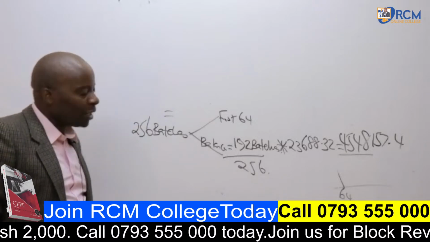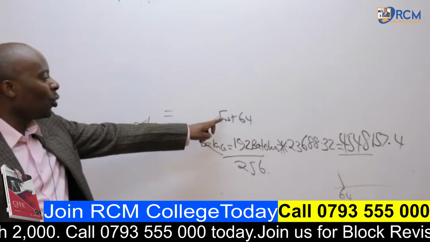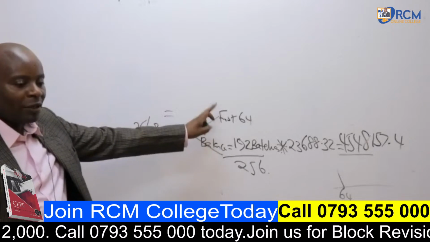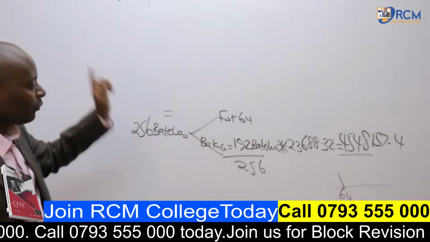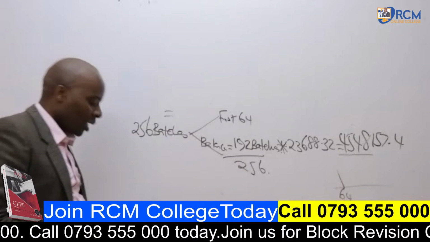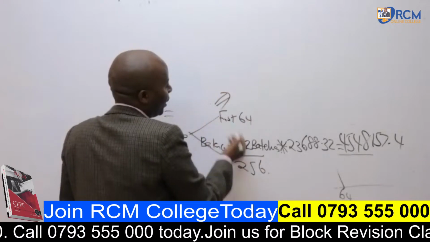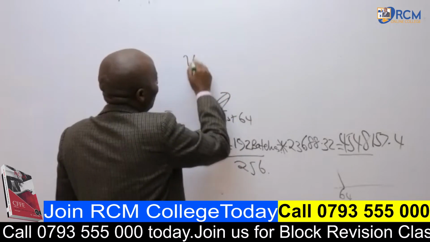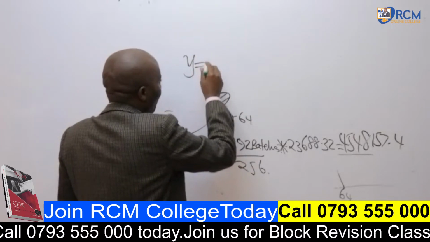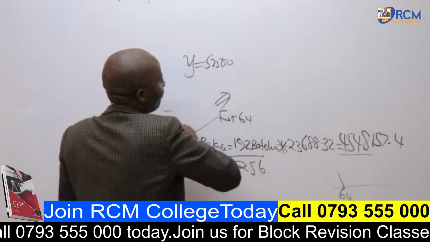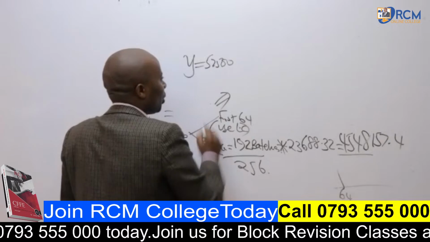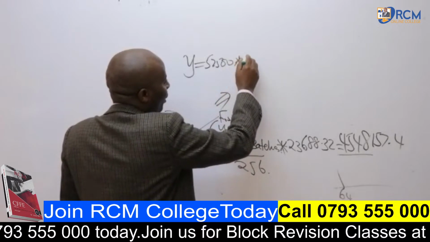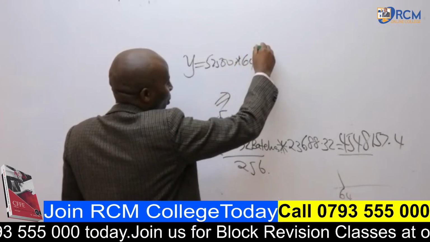Thank you very much. Ladies and gentlemen, you and I know what is going to happen with the first 64. For the first 64, we are using a learning curve formula. So we have here Y equals 52,500 times 64 raised to 0.848.